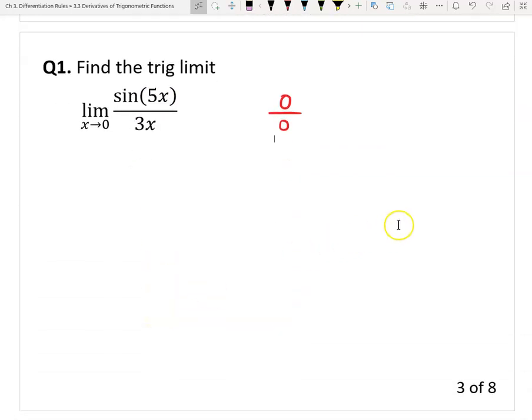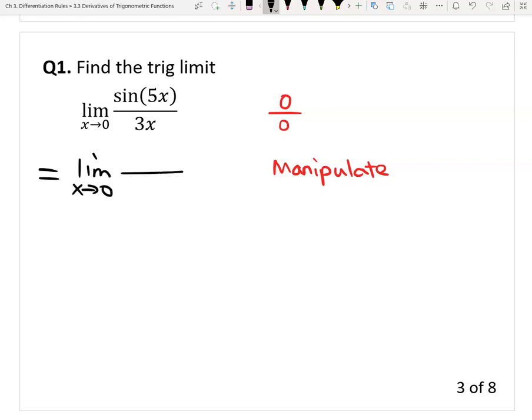I am going to show you how to do the manipulation. We manipulate our function a little, so it looks very similar to the function in our formula. We have the limit as x approaches 0.